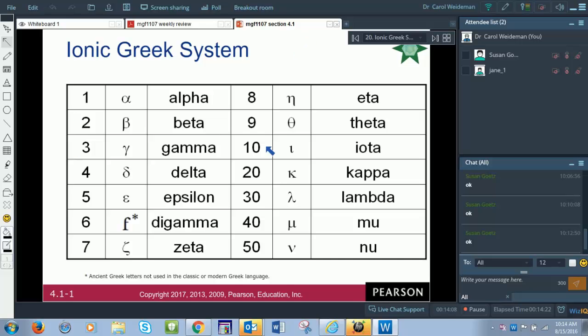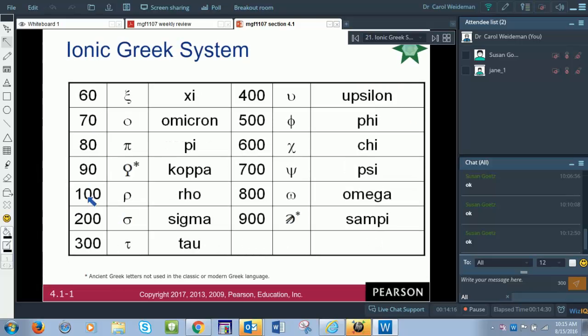It goes 1 to 10, and then above this we have the multiples of the base 10: 20, 30, 40, 50, 60 up to 100, and then 200, 300, up to 900, and beyond that we use that iota for multiplying by 1,000. Note also that some of these are Greek letters that are not even used in the modern Greek system. It was developed so long ago that their letters have actually changed.